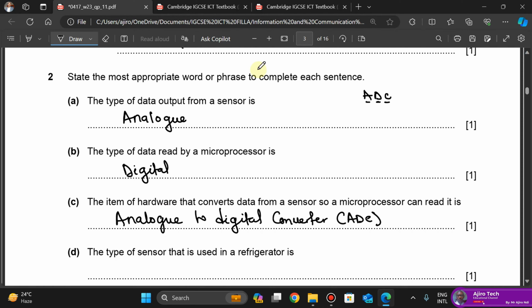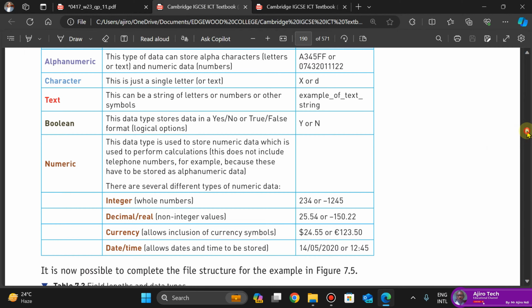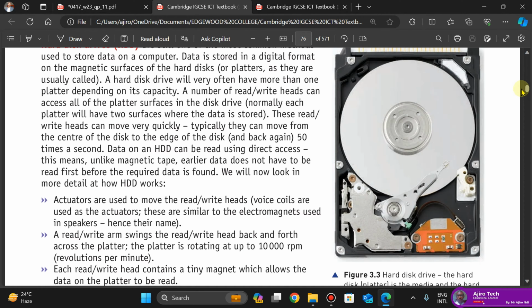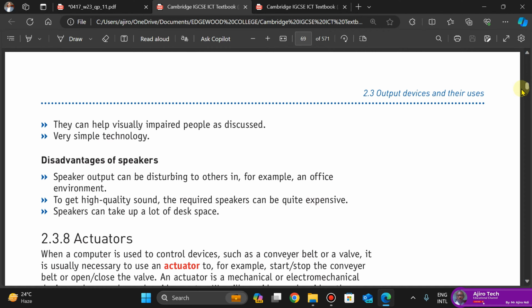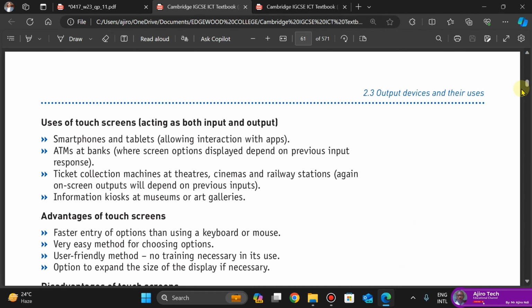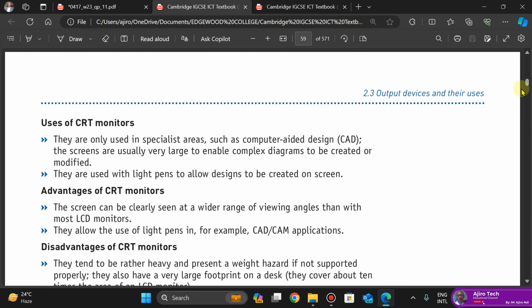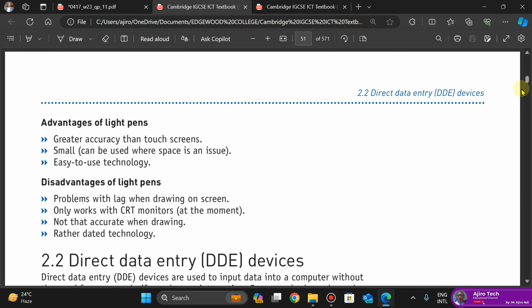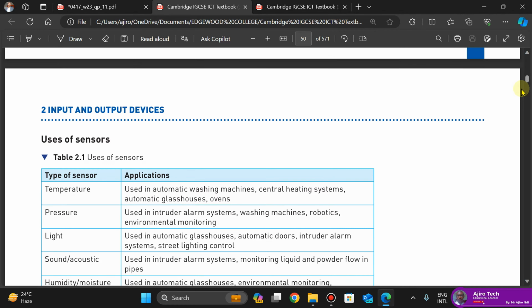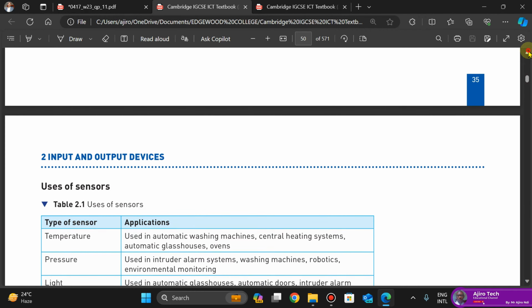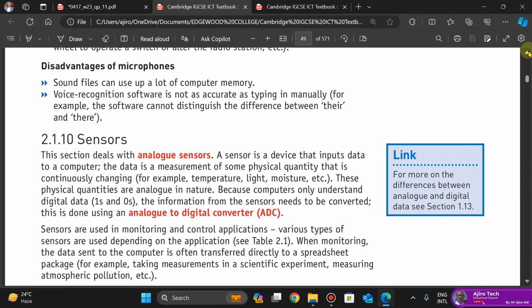All right, so let me show you in the textbook. You're going to see here, chapter 2. This is chapter 3, output. I promise you guys I'll be showing you where each question is found in the textbook. So you can see that the information from the sensor needs to be converted.